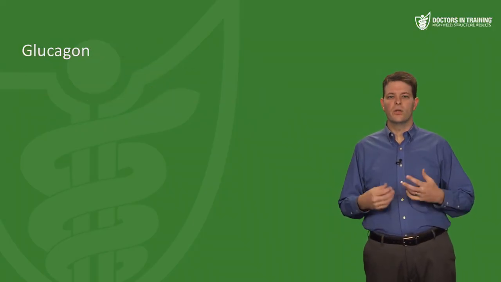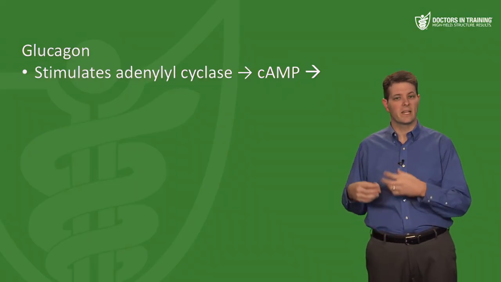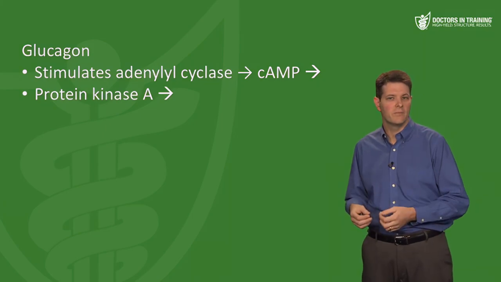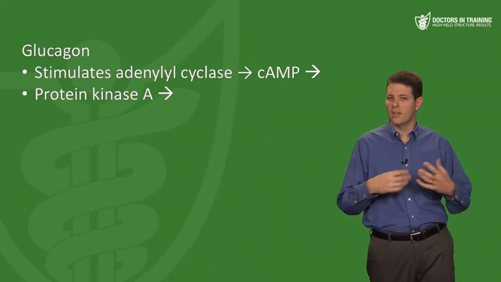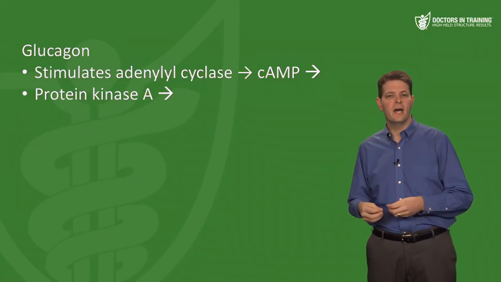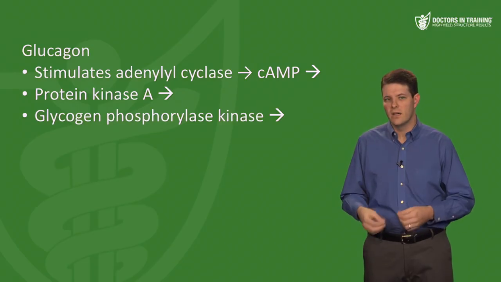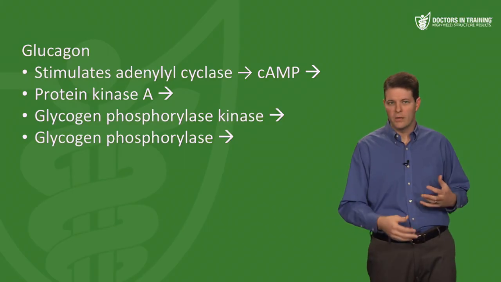And we've already seen that glucagon stimulates adenylyl cyclase in the hepatocytes to make cyclic AMP. That cyclic AMP activates protein kinase A. And we've seen how kinases can switch on certain enzymes by phosphorylating them. So protein kinase A activates glycogen phosphorylase kinase, and that in turn activates glycogen phosphorylase in a roundabout way.